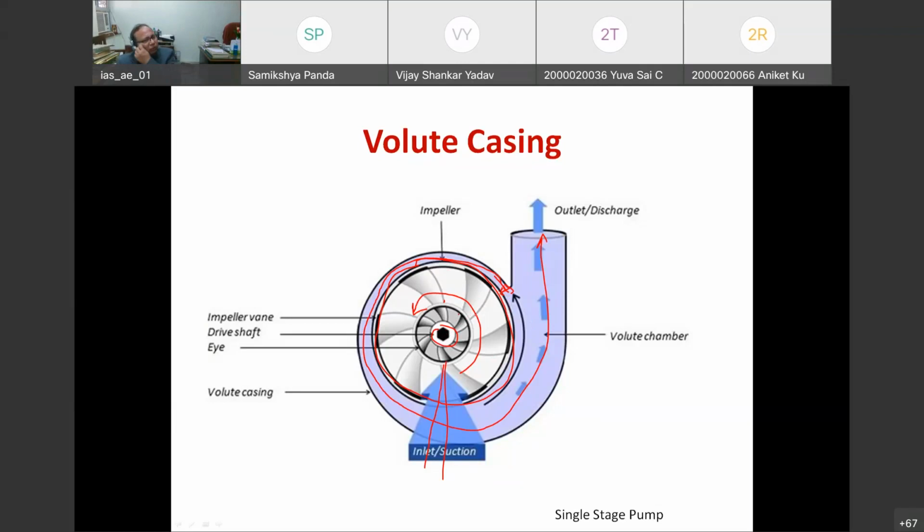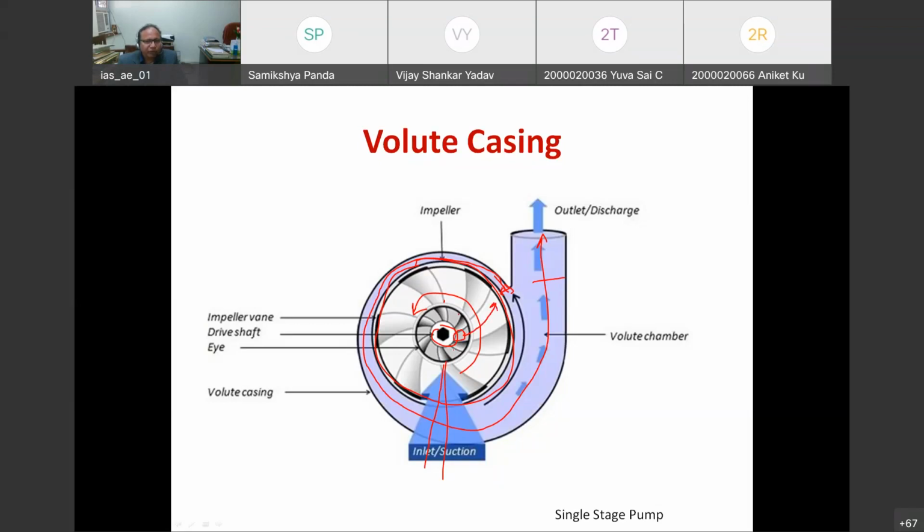Try to understand what happens from the eye of the impeller to the periphery of the impeller.